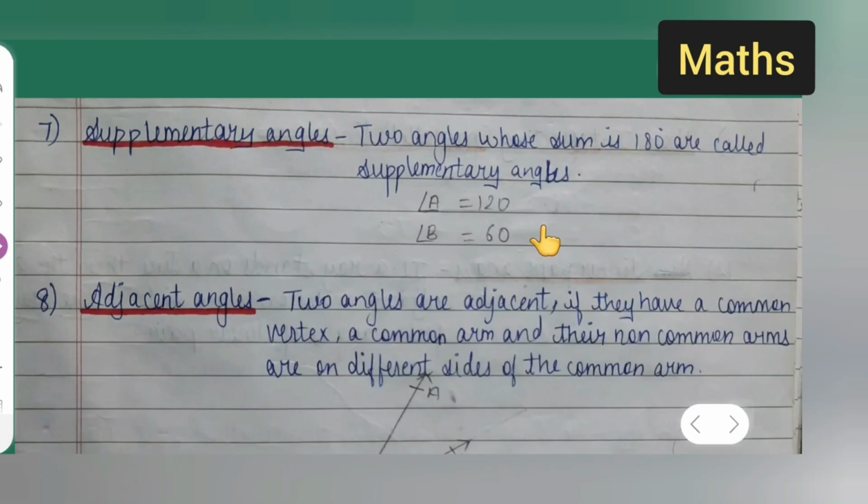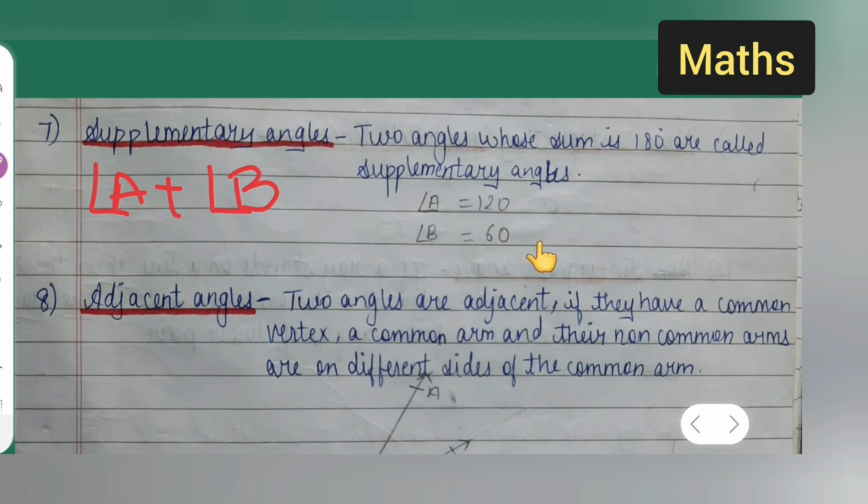Next, moving towards the supplementary angles. For supplementary angles, two angles whose sum is 180 are called supplementary angles. Suppose angle A is 120 and angle B is 60.